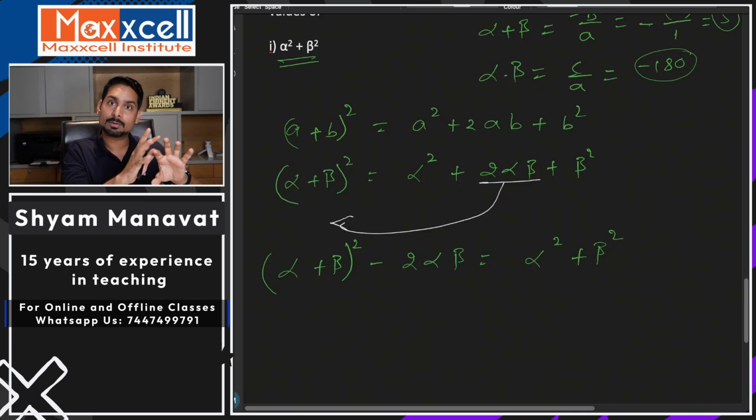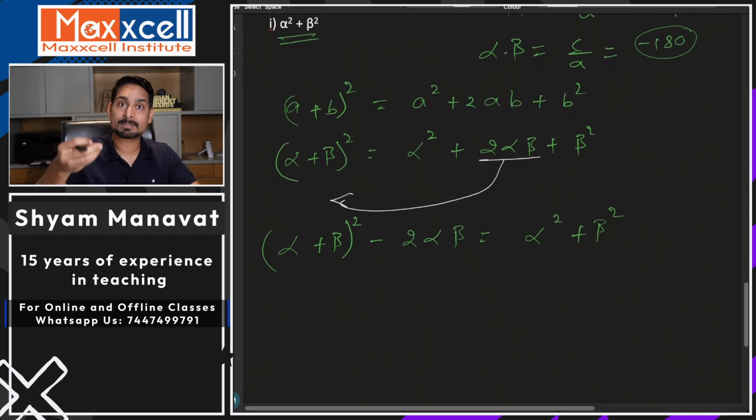And trust me, you will also be as good as I am in quant. And I will provide you the resources, don't worry, I'm not going to leave you here. I am going to provide you the resources of those many questions to practice and be expert in quantitative aptitude. So continue.